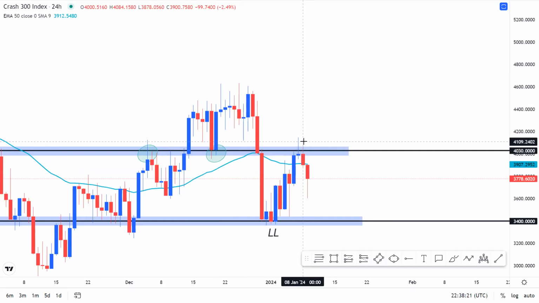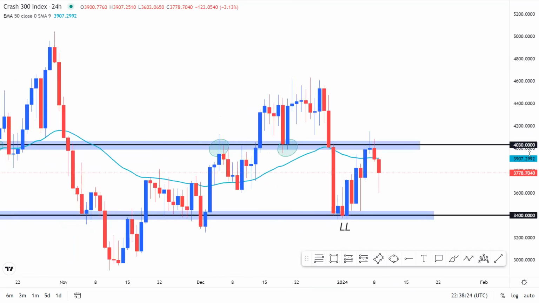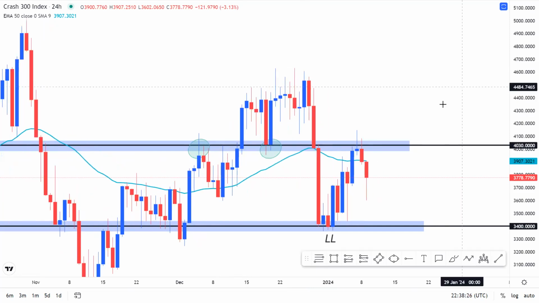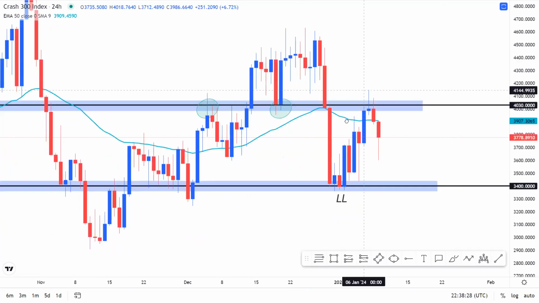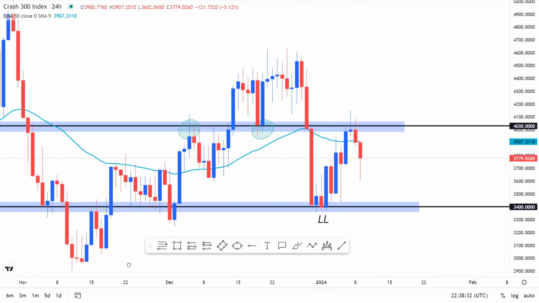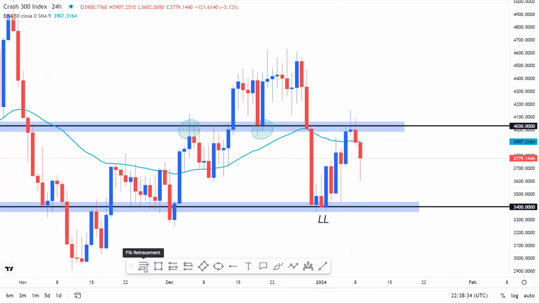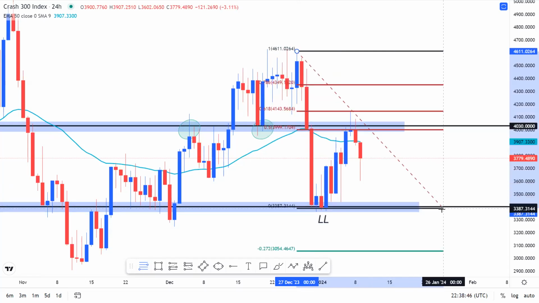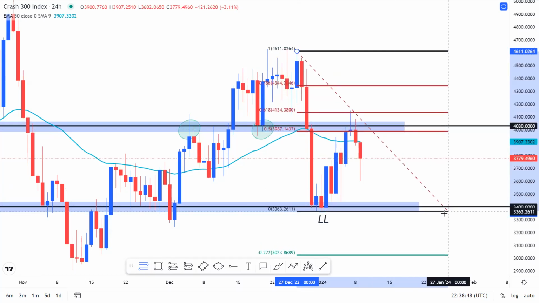Also, furthermore, what gave me much confidence at this very level was the fact we had a daily confluence at the level, introducing the Fibonacci retracement from the swing highs right about here to the most recent swing low.